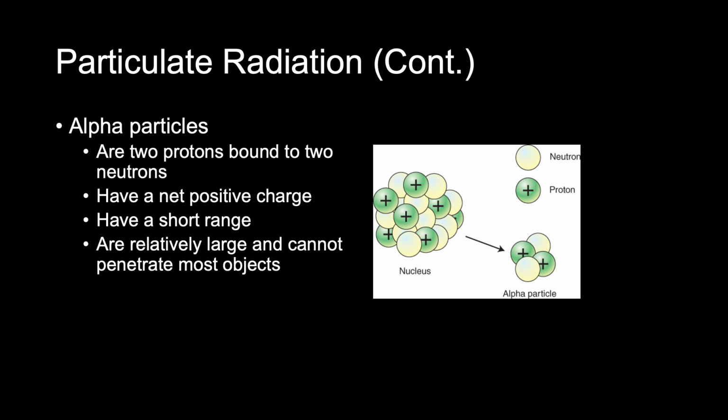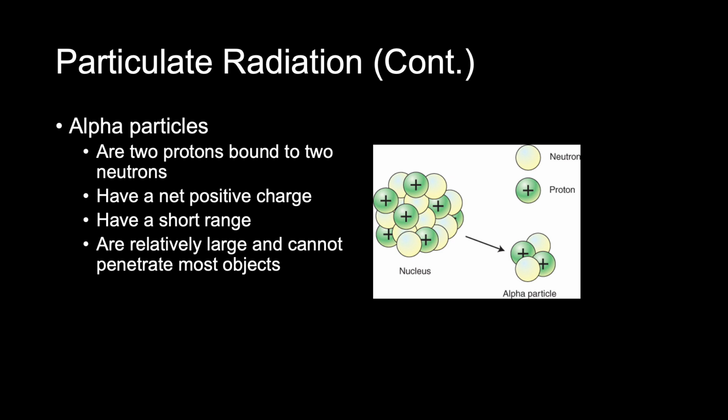and becomes an atom of the element thorium. Alpha particles do not travel very far because they are relatively large and cannot penetrate most objects. Even in passing through air, they quickly pick up electrons that are attracted to their net positive charge and become helium atoms. A helium atom has 2 protons, 2 neutrons, and 2 electrons.